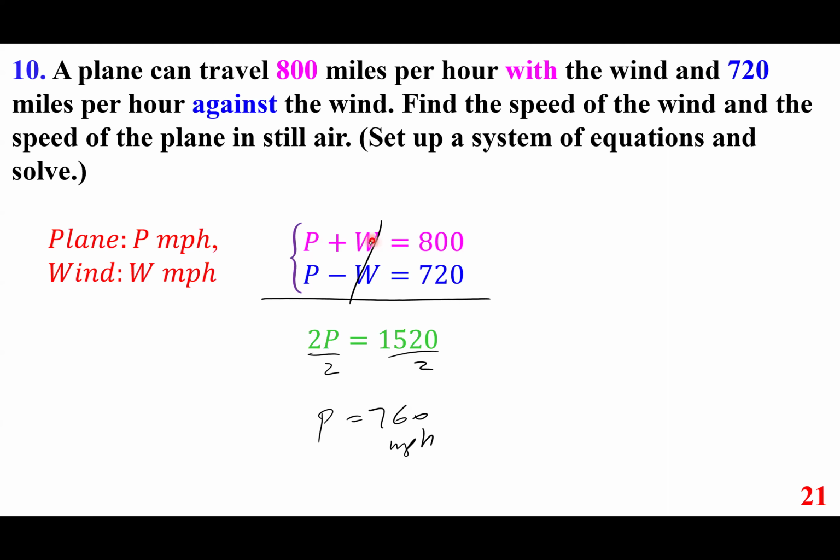If you put it in the first one, the wind must be 800 minus 760, which is 40 miles per hour. And you can check it with the second one easily. 760 minus 40 is also 720, and that works.